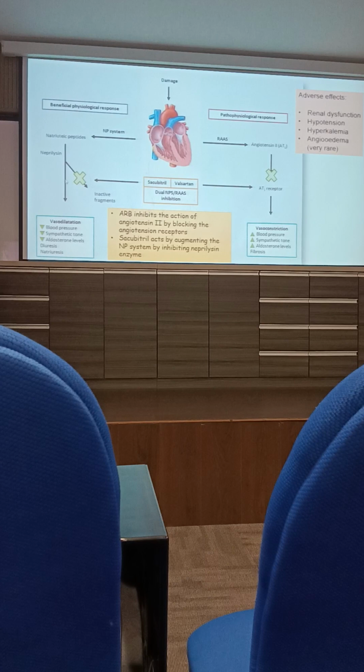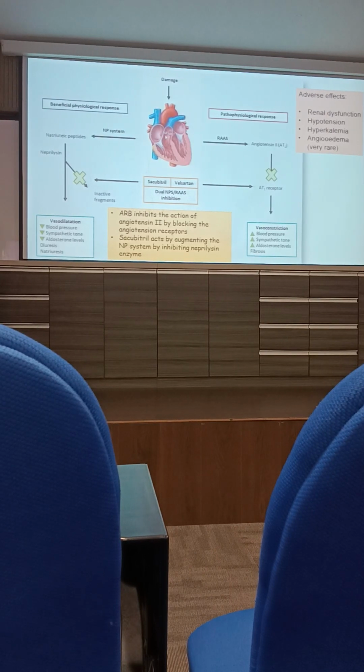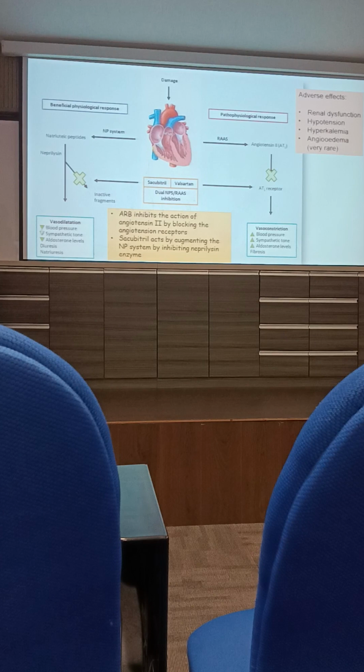So when the cardiac output is reduced, there are two compensatory mechanisms. So you have the RAAS, the renin angiotensin aldosterone system mechanism, and also the natriuretic peptide system. So natriuretic peptides cause vasodilatation, reduce blood pressure, reduce the sympathetic tone, reduce the aldosterone level. Okay.